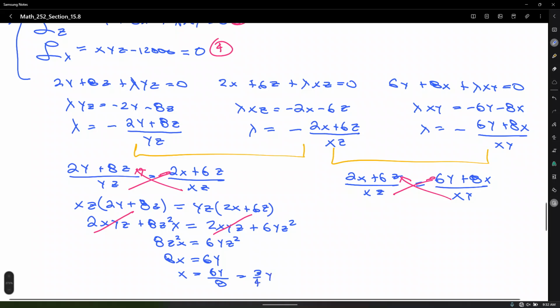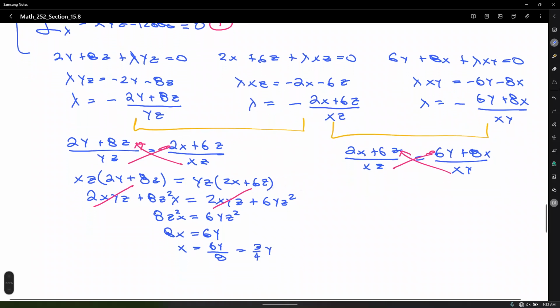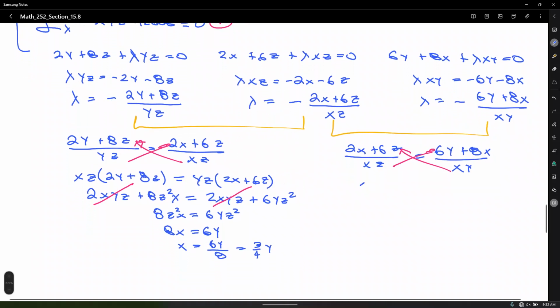Alright? Let's do the same for the second combination of equations. That is, xy times 2x plus 6z equals xz times 6y plus 8x. So, 2x squared y plus 6xyz equals 6xyz plus 8x squared z.